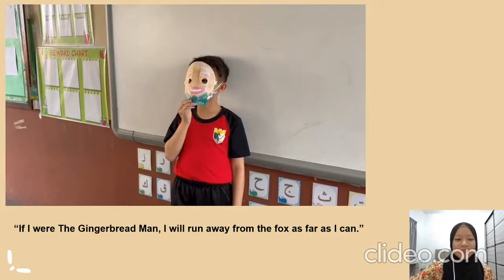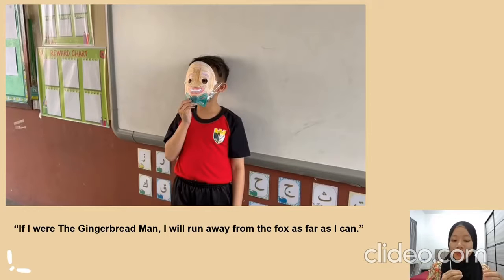Very good. Okay, so Aidin said that if I were the gingerbread man, I will run away from the fox as far as I can. So here we can see that the verb he is using is run, which is something similar to the story.